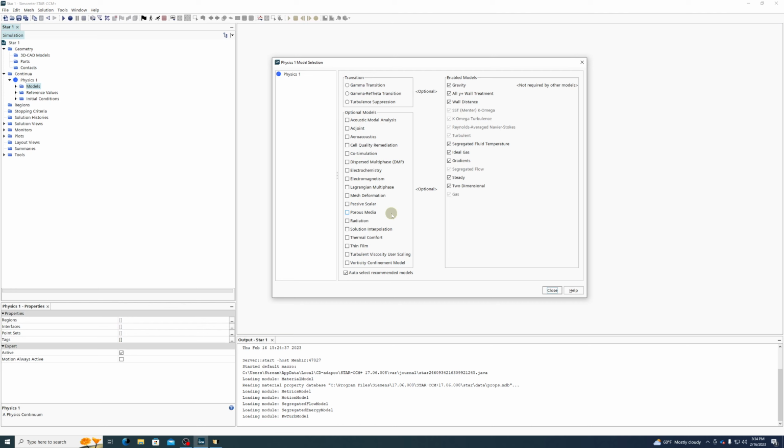Actually, no, not porous media. Sorry. No, you don't need porous media for this. Porous media is really if you have a packed particle filter or chemical reactor or something like that. Porous regions, which is what I was starting to describe, is something different, and I apologize for any confusion.